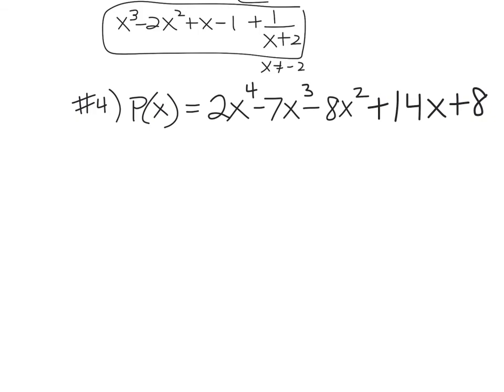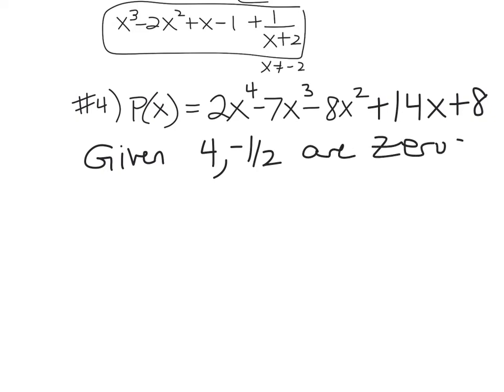Suppose that we are given 2 of them. We are given that 4 and negative 1/2 are zeros. Our job is to find the other 2, without a calculator. Can't just graph it. They're actually really ugly. Find the other 2 zeros.